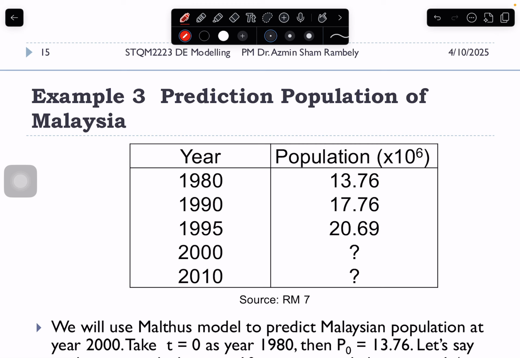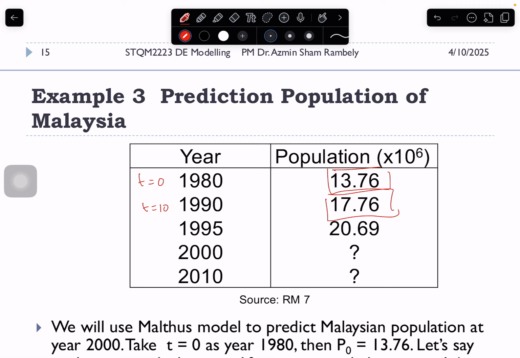For example, let's assume t is 0 at 1980. We have a population of about 13.7 million. When t equals 10, which is 1990, 10 years later, the population is 17.76 million.